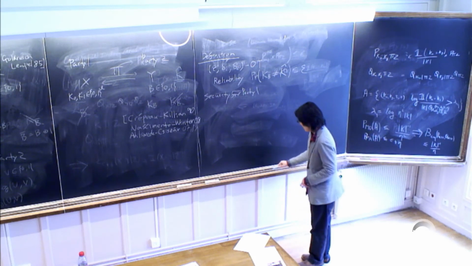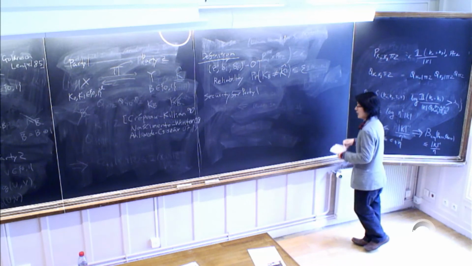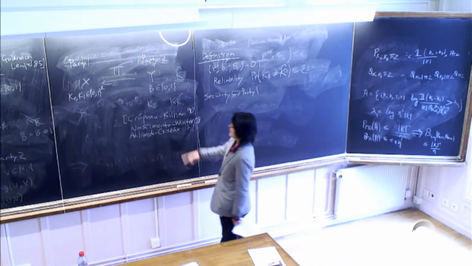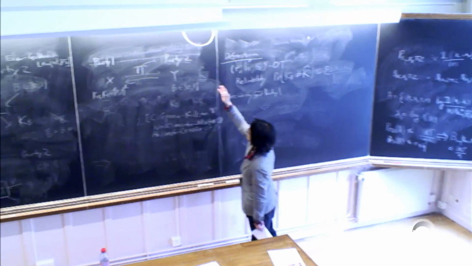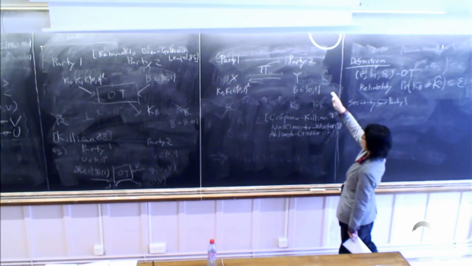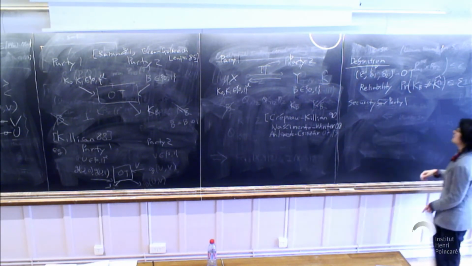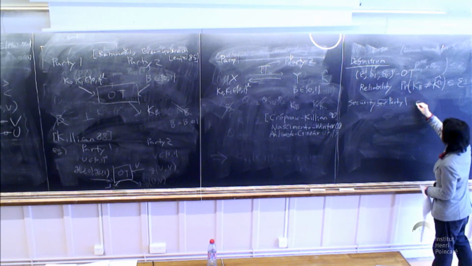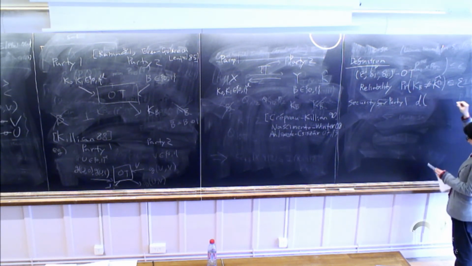Okay, and so what is security? Security for party one is the following. In oblivious transfer, party two should only get K_B, and K_B complement must be kept secret. We evaluate this using variational distance.